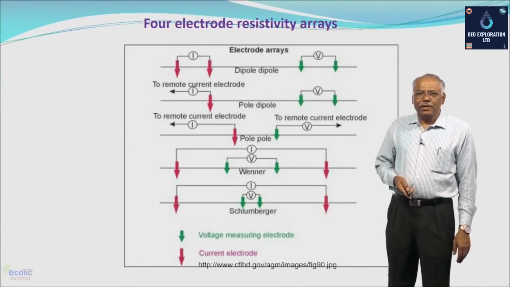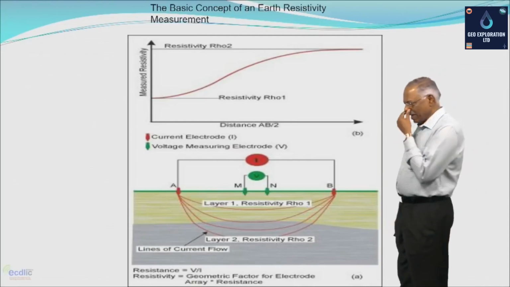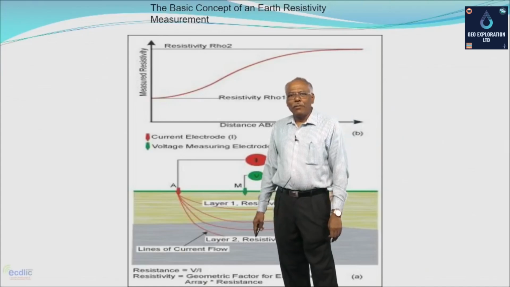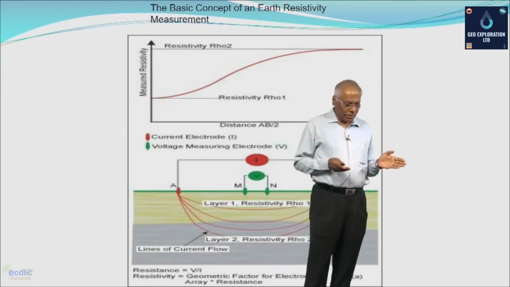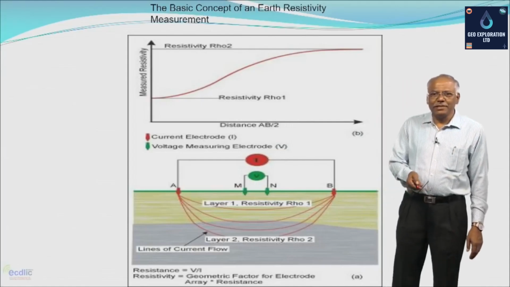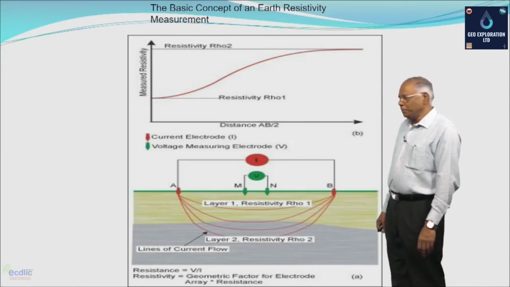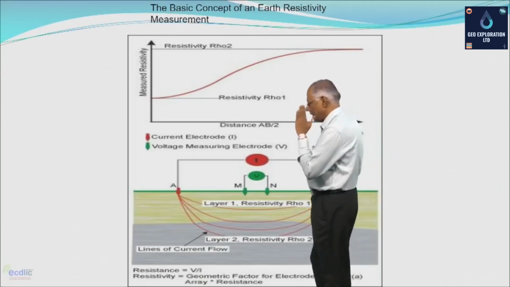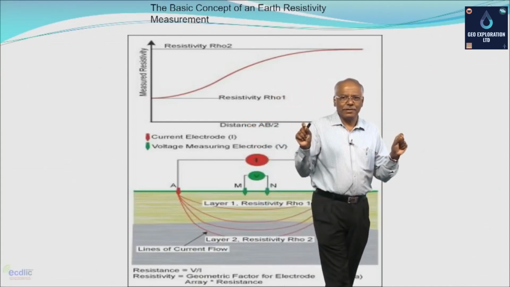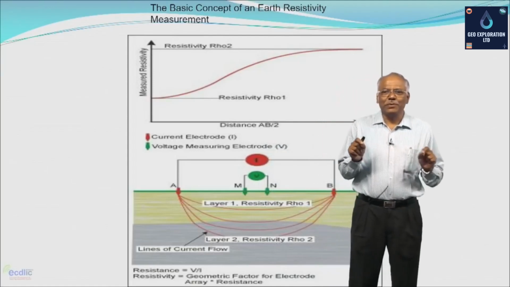That is typically how the measurement can be made with the help of these electrode arrays. Once we have the measurements made, this is typically what we can get as a typical graph of distance, which is between the 2 current electrodes.